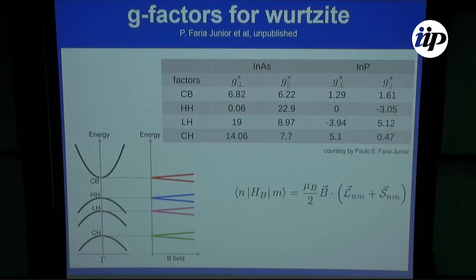So they really measure these g factors by doing optics on these nanowires. So I think these values are quite reasonable. They have quite large diameter nanowires, and they look at optics in the presence of a magnetic field, look at the splittings of the levels and so on.